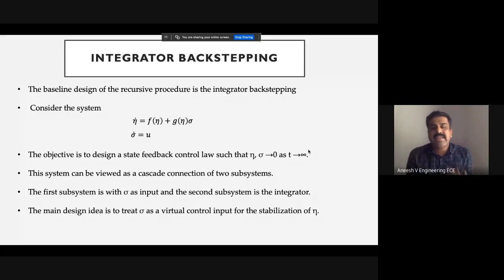So the main design idea is to treat sigma as a virtual control input for the stabilization of eta. So eta dot is equal to f of eta plus g of eta sigma, and sigma dot is equal to u. One system we are making into two cascade subsystems. One subsystem is with sigma as input and the second subsystem is an integrator.